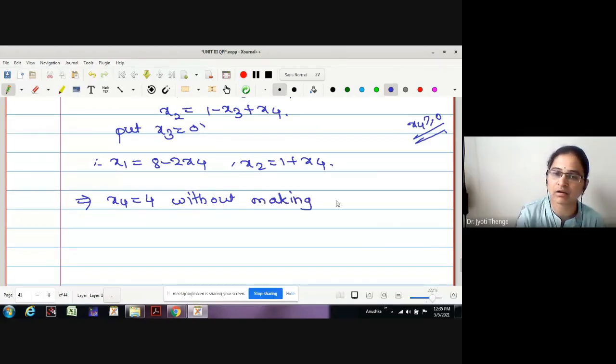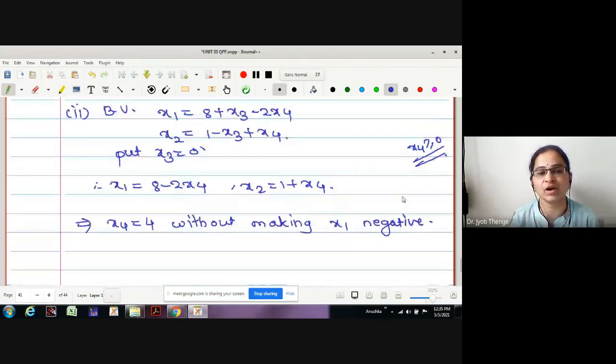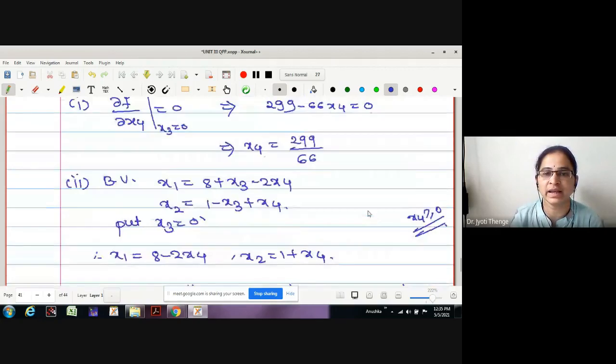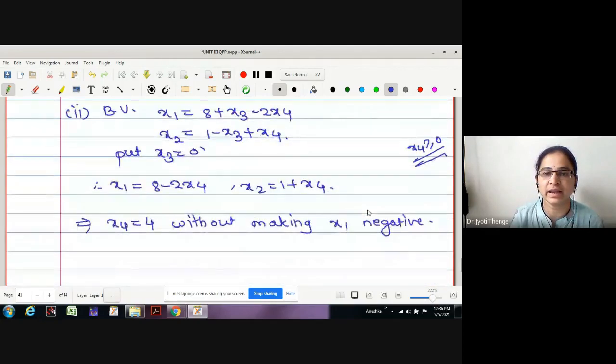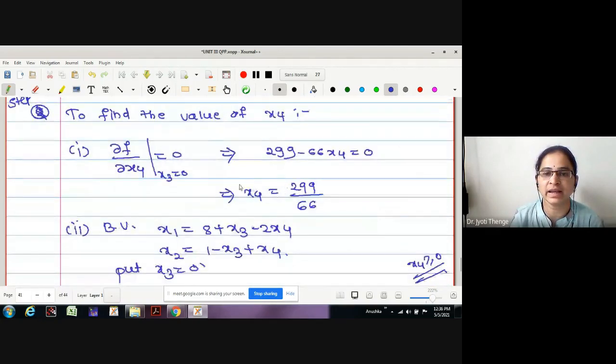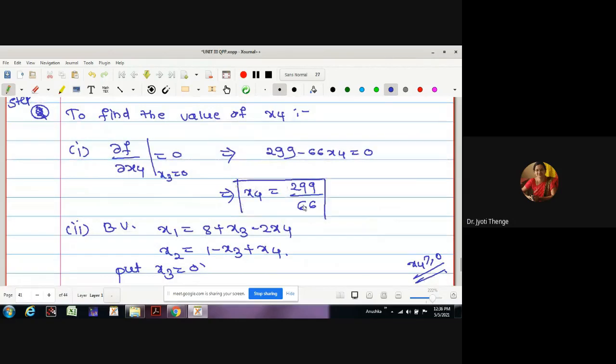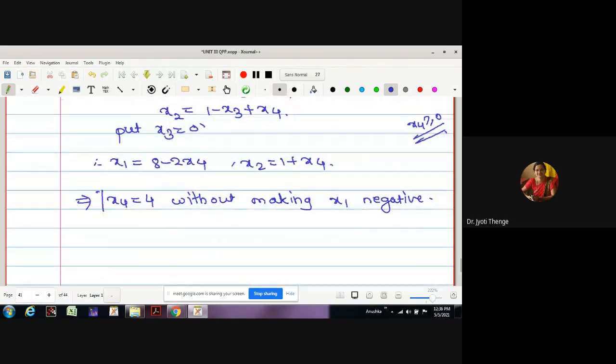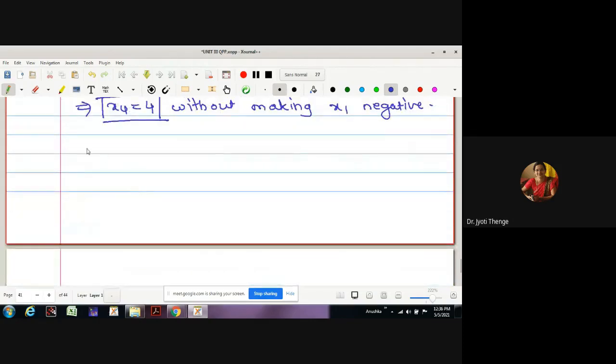Right now? There is no disturbance to x2; for any non-negative value of x4, x2 will not be negative. Therefore, two values we have obtained. First, 299 upon 66. Second value is 4. Then what will be the value of x4?